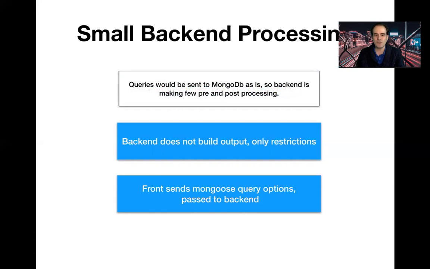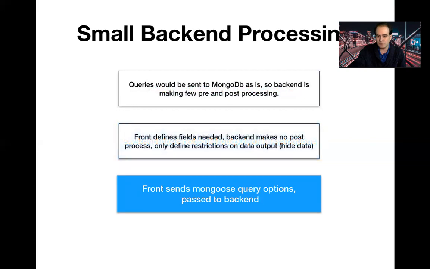But the good thing about the small processing is that you gain speed performance. So the backend does not build the output, but you need the restrictions for the data access. The backend for post-processing of the MongoDB query is just making some restrictions to the data you got back from Mongo.